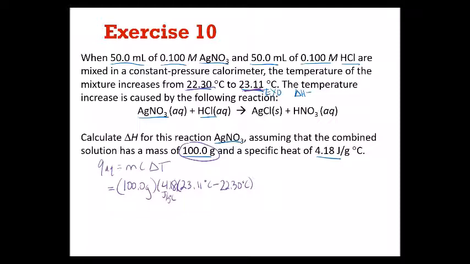Not a whole lot of temperature change, but here we go. 338.58. The measured values here have 4, so I'm going to go with 4. So 338.6 joules. This equals QAQ.